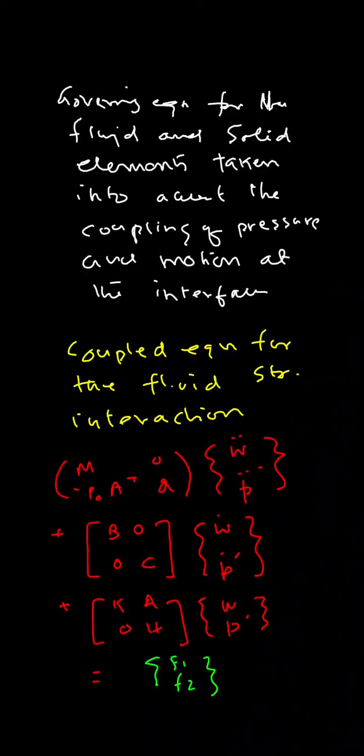So the final governing equation for the fluid and solid elements, taking into account the coupling of pressure and motion at the interface, is given through this coupled equation, the fluid structure interaction.